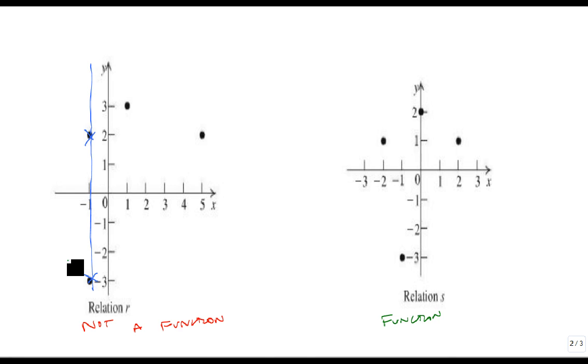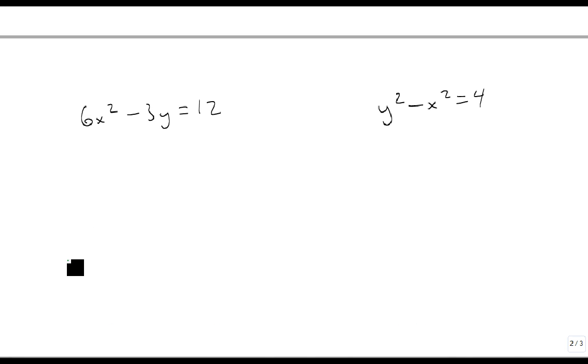Now the tricky part. What about when I have equations? And the idea here is we want to solve for y. Try and get that y by itself and see what you get. So we take minus the 6x squared from both sides.